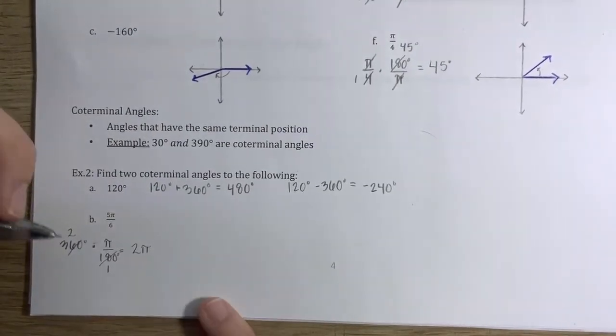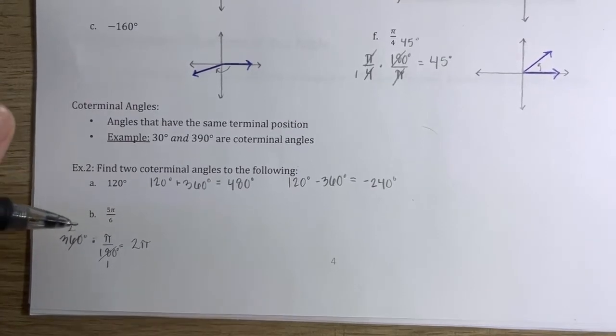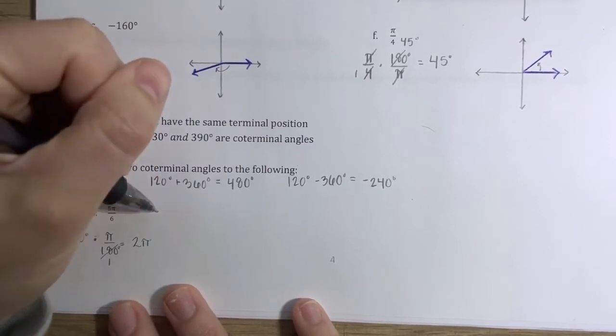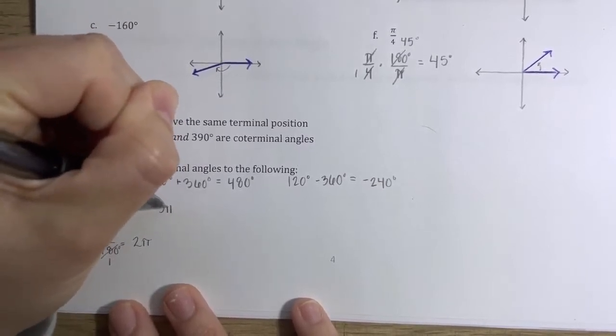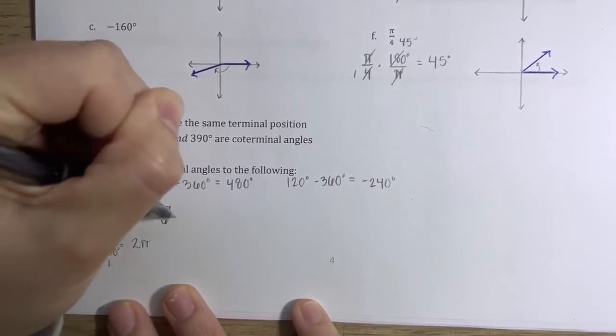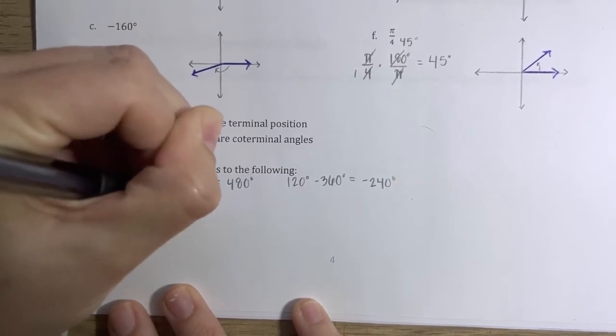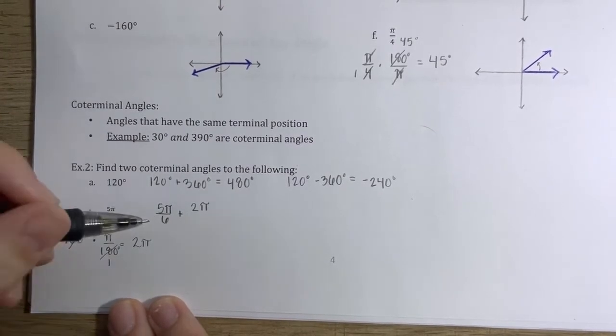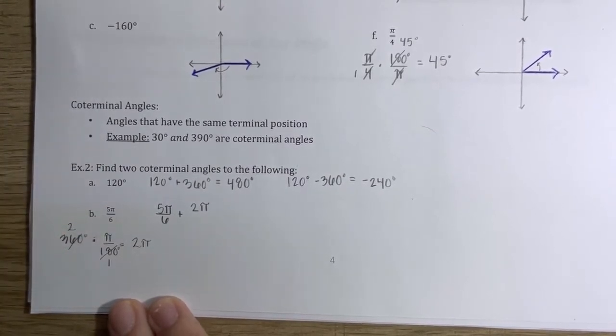So if we want to find an angle that's coterminal with 5 pi over 6, first I'll take 5 pi over 6 and add 2 pi. It's the same thing as adding 360. But in order to be able to add these values, this is a fraction, so I need to get common denominators.